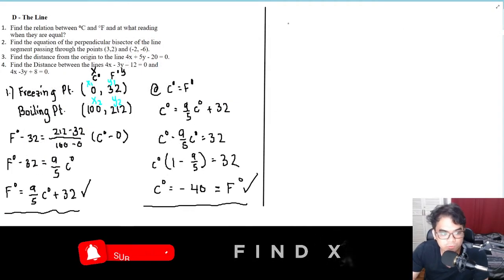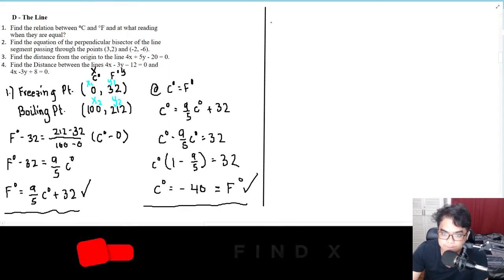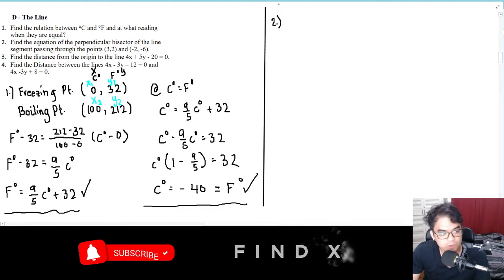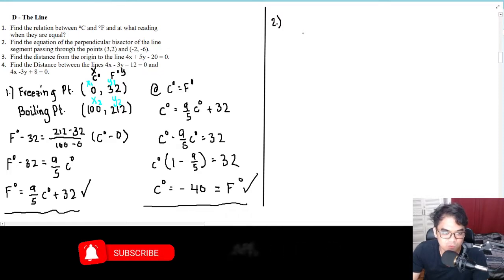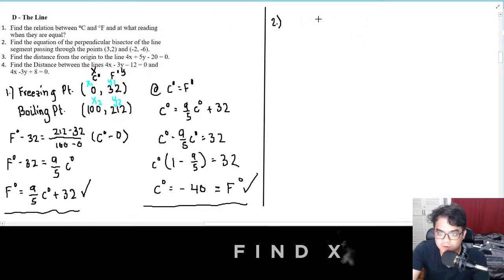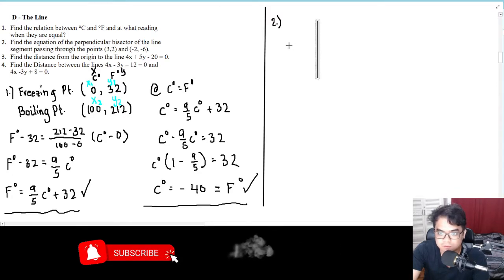Okay, so for number 2, we have: find the equation of the perpendicular bisector of the line segment passing through (3, 2) and (negative 2, negative 6). Let's draw a Cartesian plane.